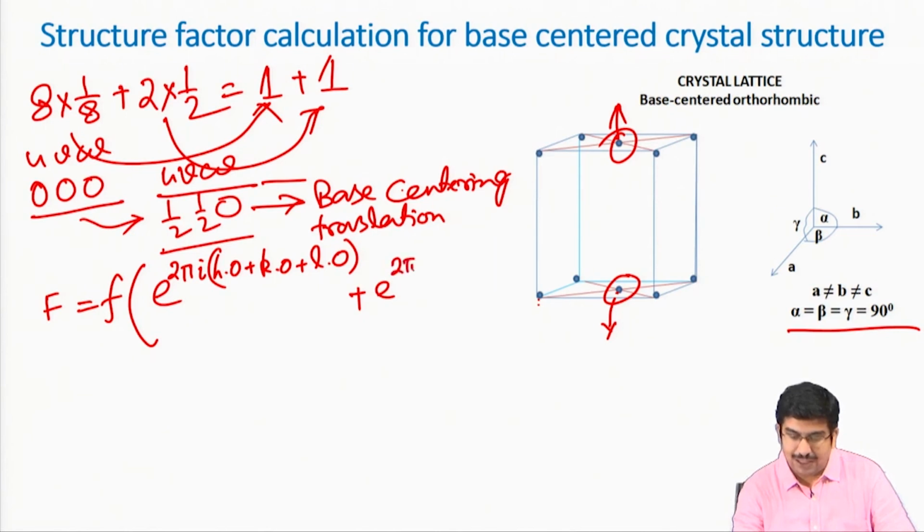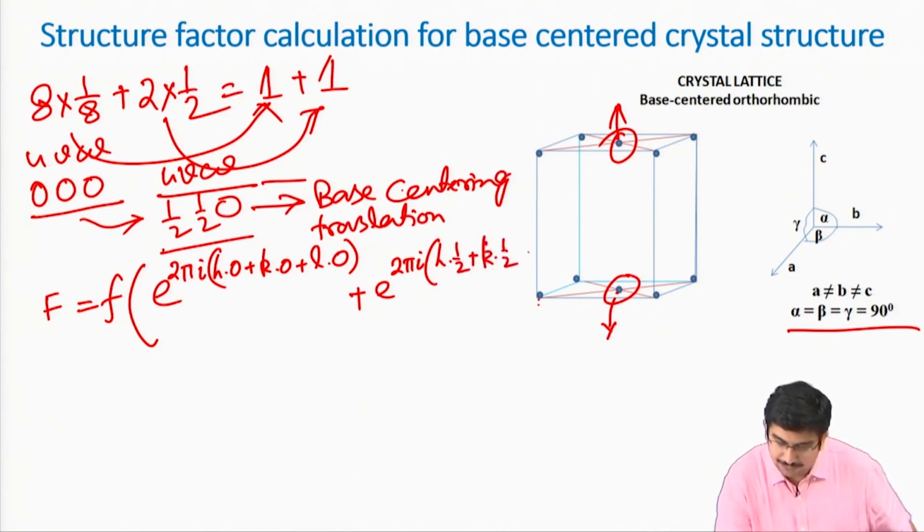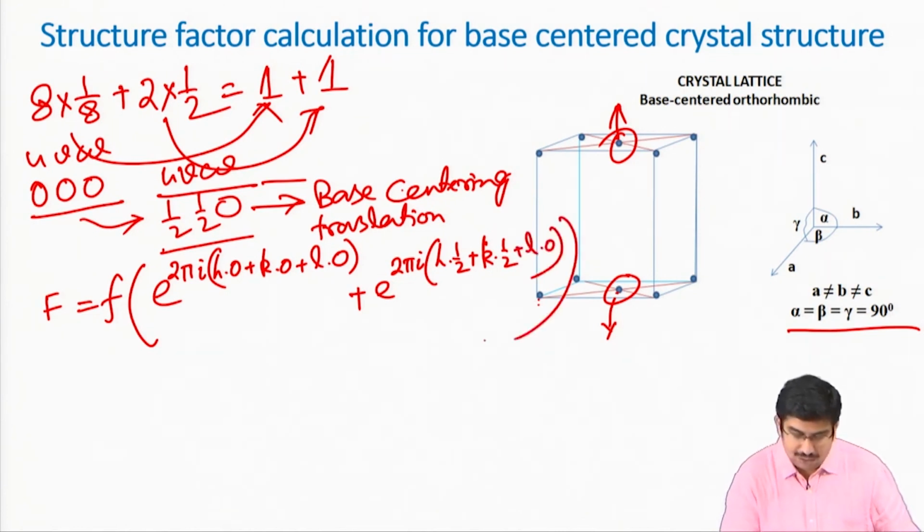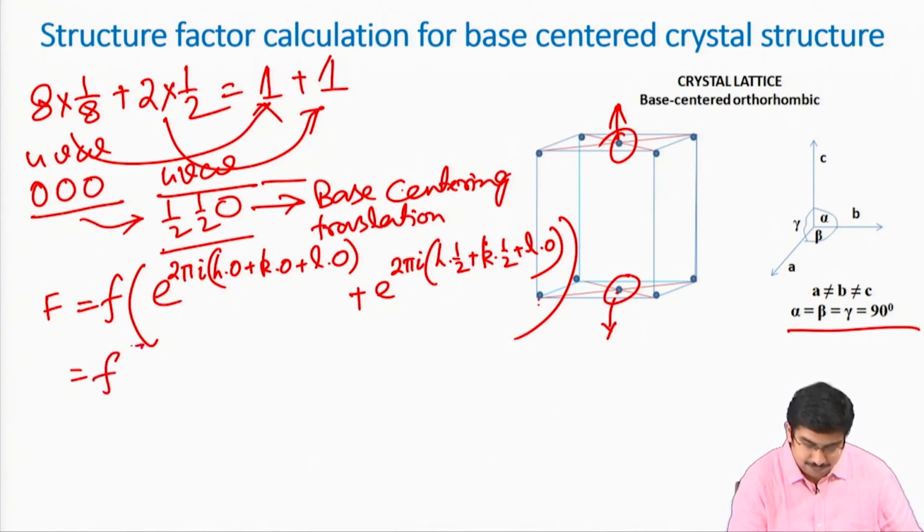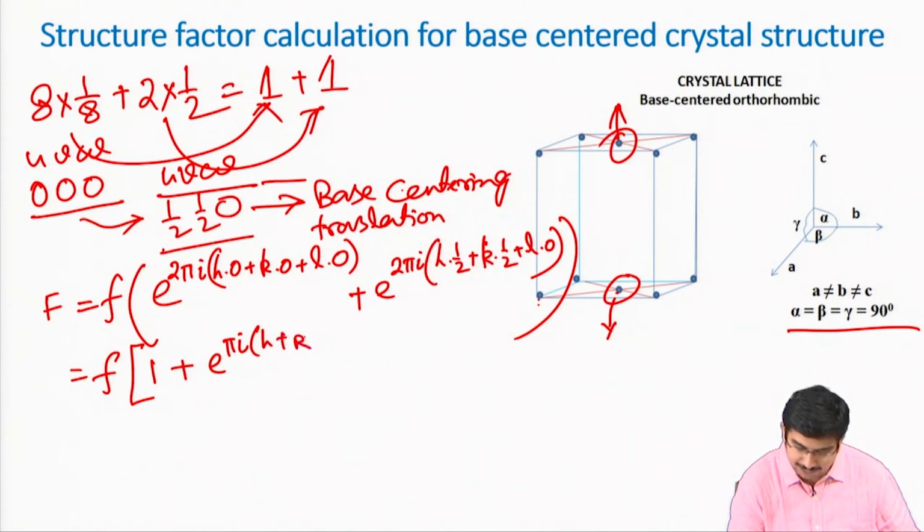Plus we have this base centering atom. For that we take 2 pi i into H into half plus K into half plus L into 0. Altogether what we get is F equals f into 1 plus e to the pi i into (H plus K).